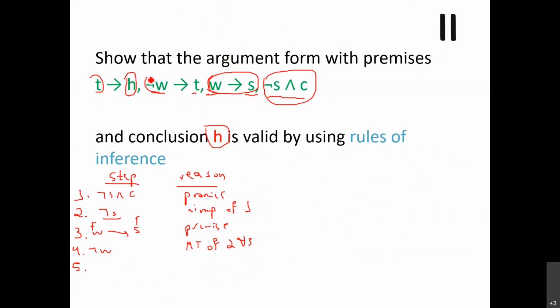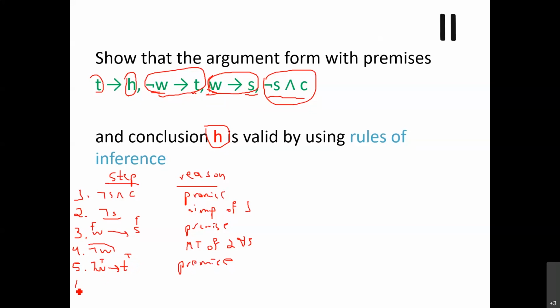Again, with my Lego pieces, I have not W, and here I have not W implies T. I'm literally just not thinking. I'm plugging them in so I don't waste time if this was an exam, and I'll see what happens. So not W implies T. This is saying that not W is true. So T has to be true for the whole thing to be true.